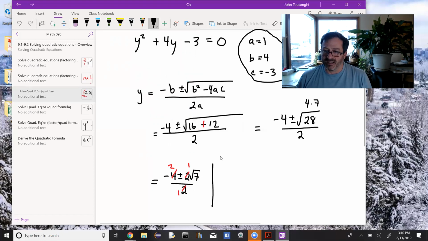Notice they're not complex, so XYZ will want you to enter these separately. Negative 2 plus 1, or just this plus 1 times the square root of 7, or just plus the square root of 7, and negative 2 minus the square root of 7. If you need to pause here to copy this guy down, that would be great. Otherwise, I'm going to go on to the next example.